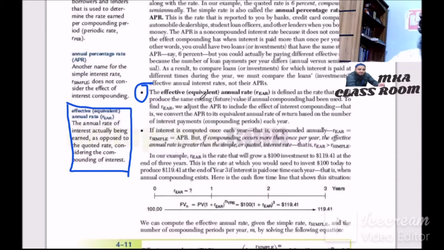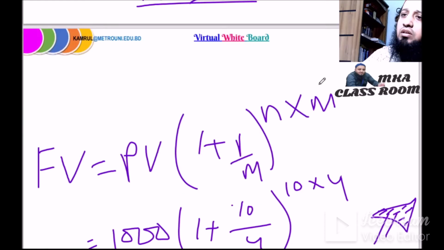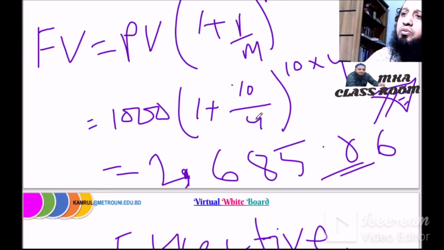our interest rate is 10%, but whenever we compounded it annually, our result is 2593.74 taka, but whenever we compounded quarterly, with the same interest rate, the amount is greater, 2685.06 taka.